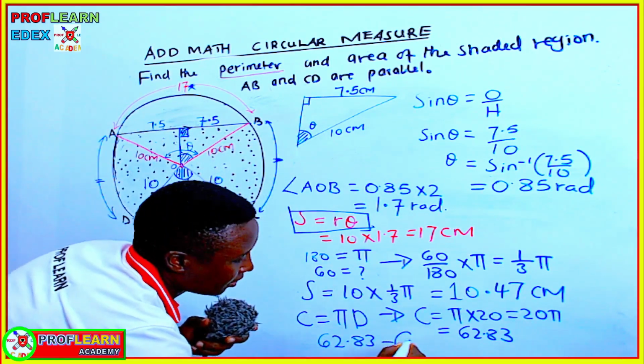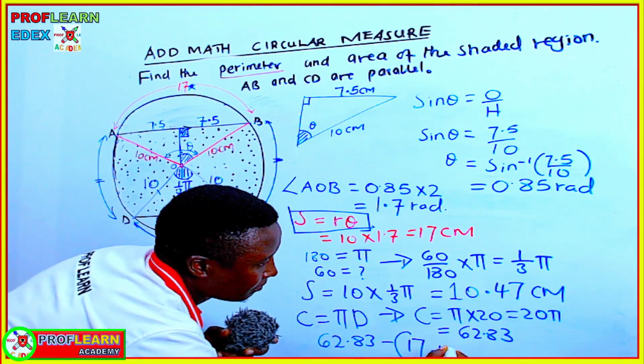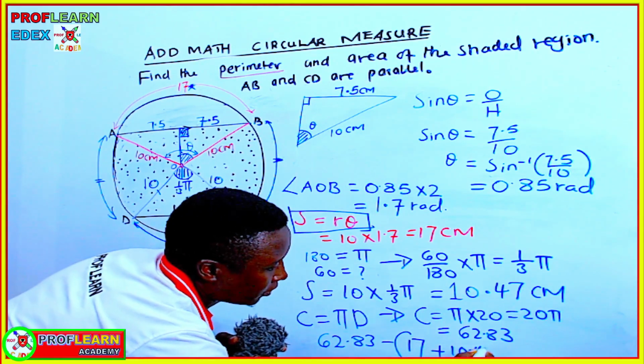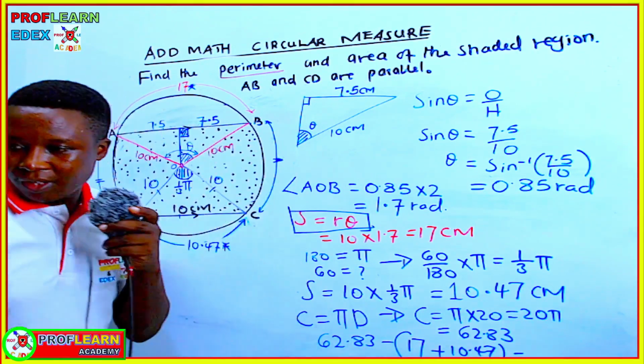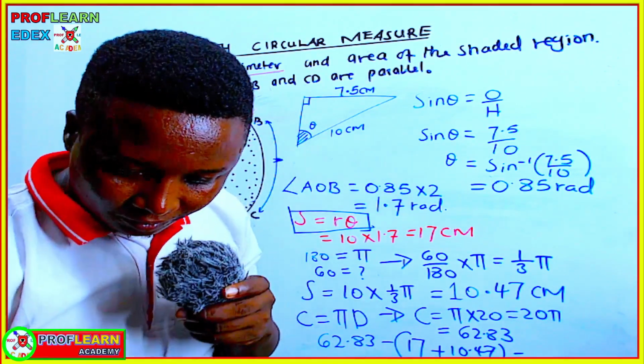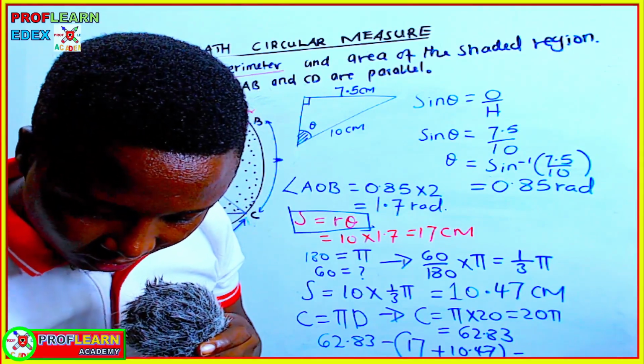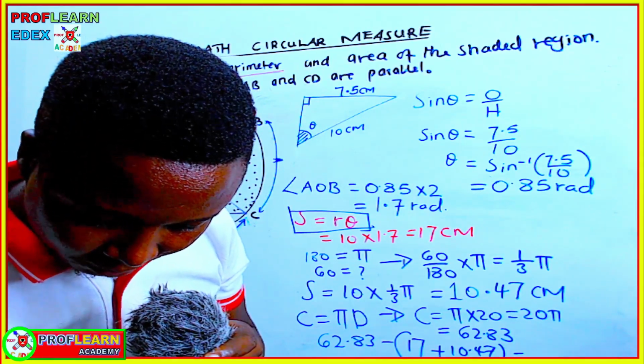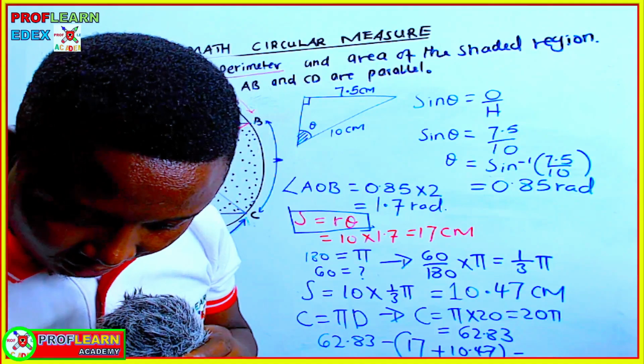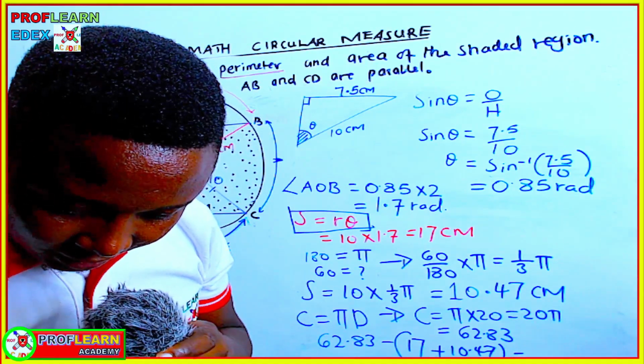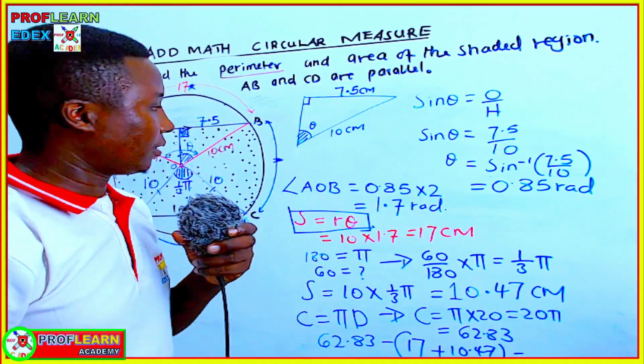This is 17 plus 10.47. If I work it out, I get my answer as 27.47.